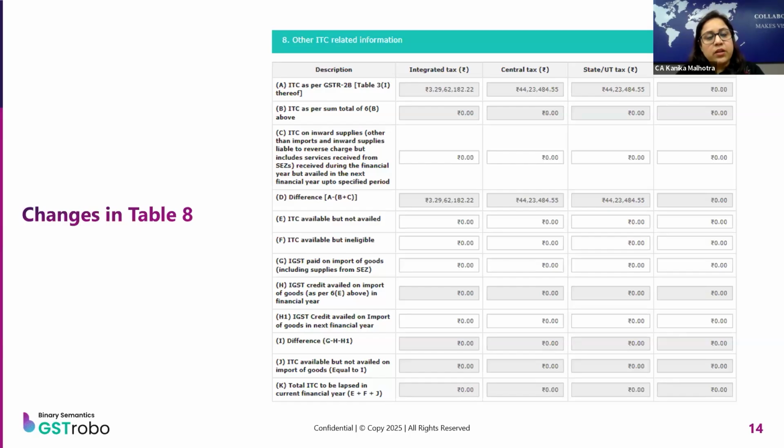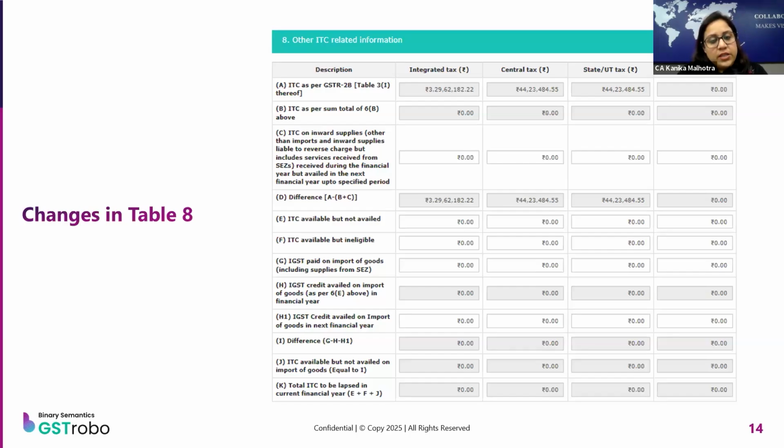So there was always a difference of ITC on imports not availed in that particular financial year. Government has given a bifurcation for that also, so that no such difference arises again in table 8, and you can easily account for what you're going to move forward in the next financial year's tables or calculations.